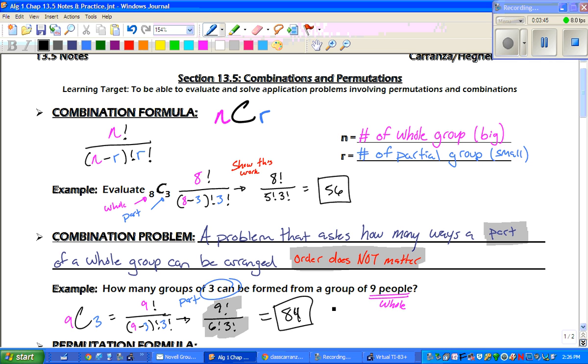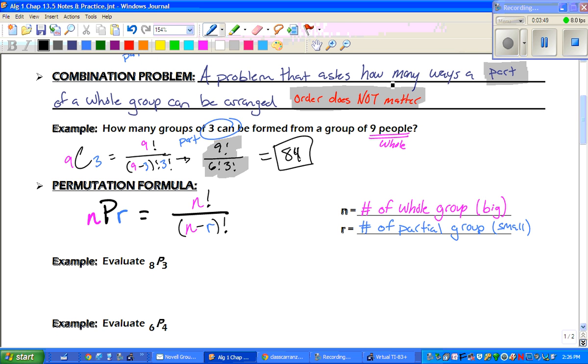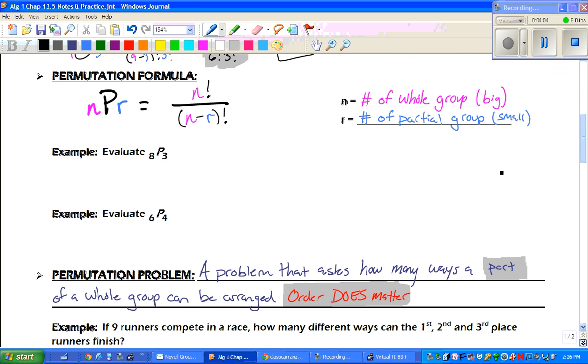Now the key thing with combination, real quick, order does not matter. How many groups of 3 people can be formed of a group of 9? It doesn't matter the order of those groups. But now we're talking about permutations. In a permutation, order does matter.